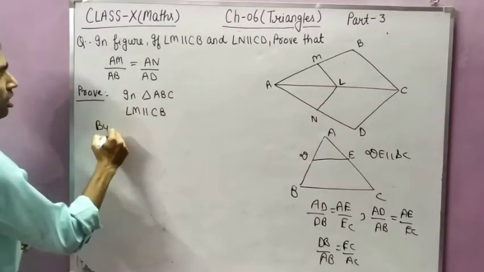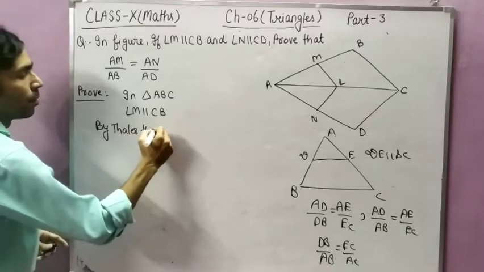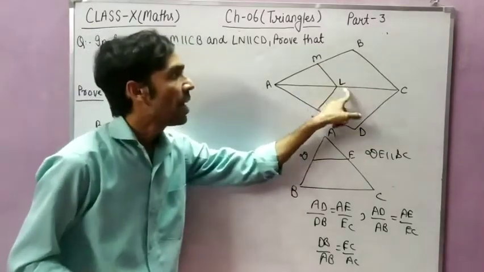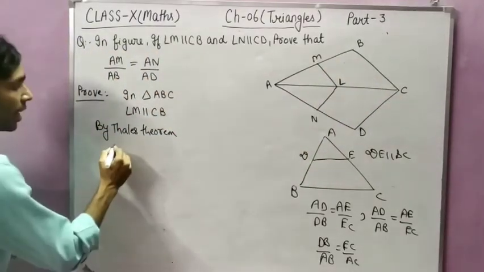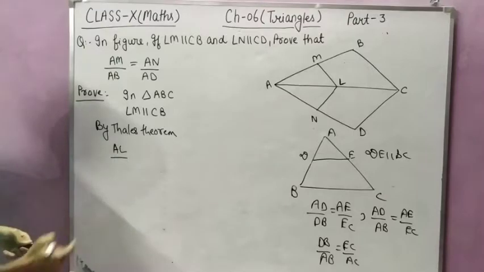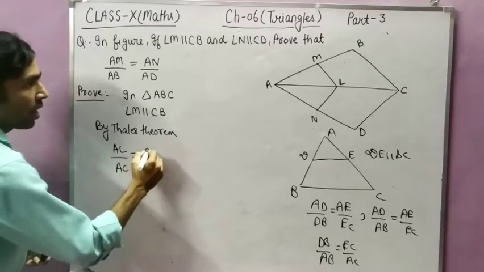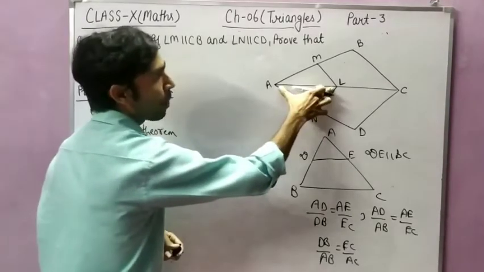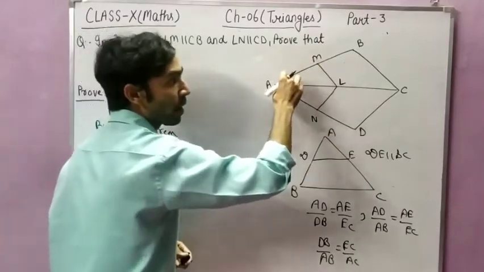So by Thales theorem, see, in this triangle LM is parallel to CB. So by Thales theorem we can write AL by AC is equal to AM by AB. This part divided by the full part is equal to this part divided by the full part.